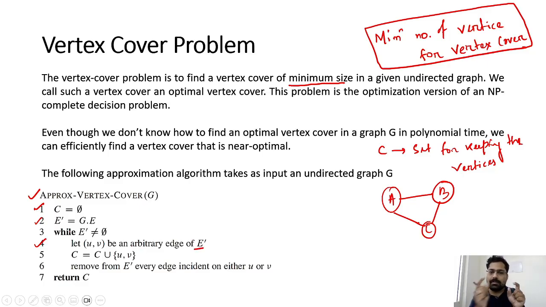Whenever we say E dash, E dash is keeping all the edges from the graph. Then what we'll do: C was previously an empty set, phi. We include uv; suppose here I'm writing it as a, b.